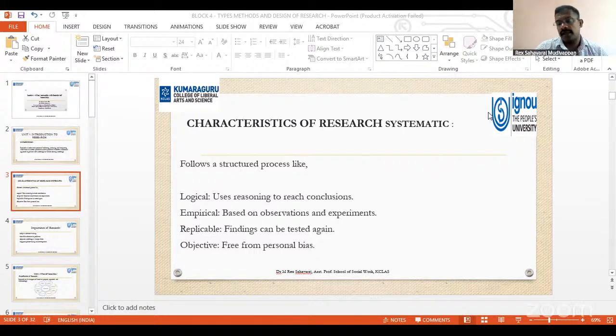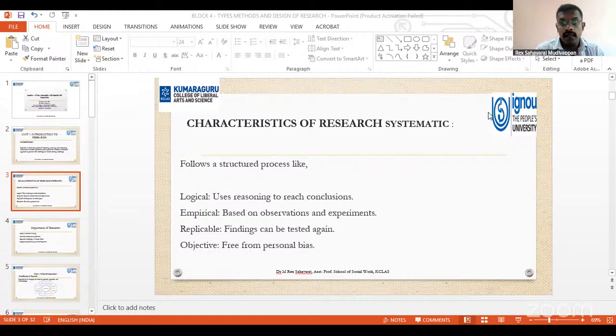And it is empirical, based on observation and experiments. Whenever the term empirical is used, you have the data to say that this is correct, that women are more intelligent than men. That is empirical, based on observation.